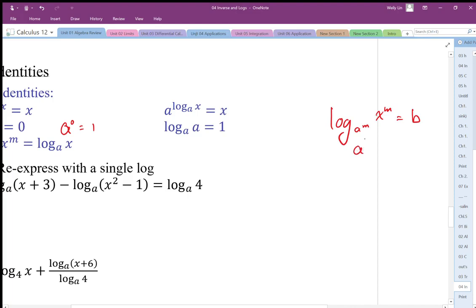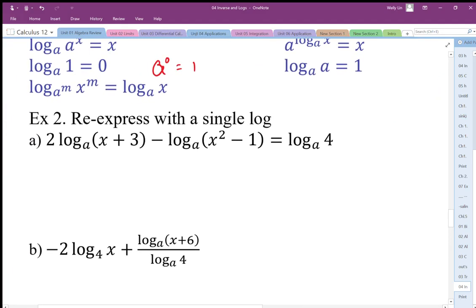If I put it in exponential form, it looks like this. Basically, we can undo those powers with a root on both sides. So we end up with a to the b equals x, and then we can put that back into log form: log base a of x equals b.